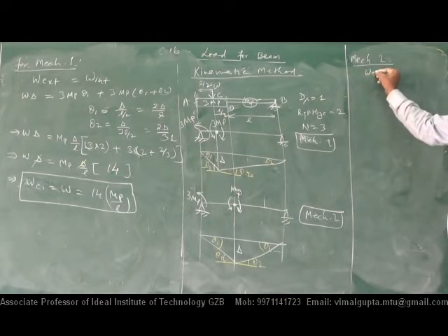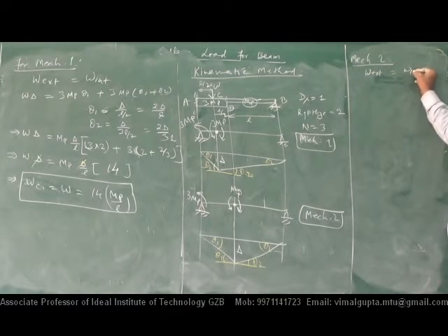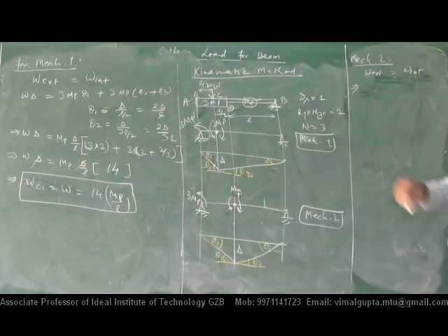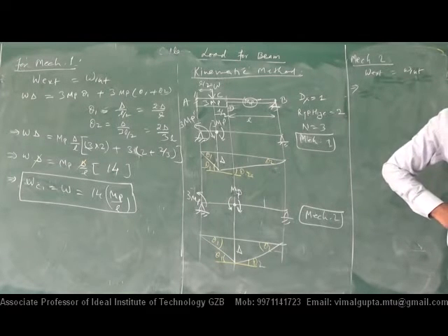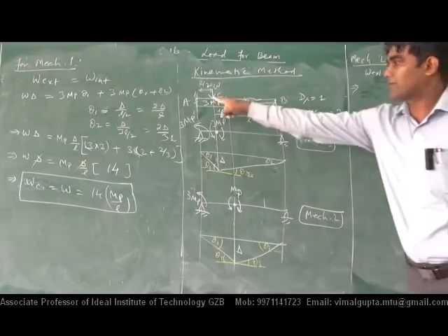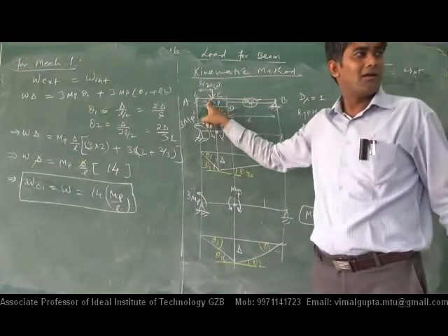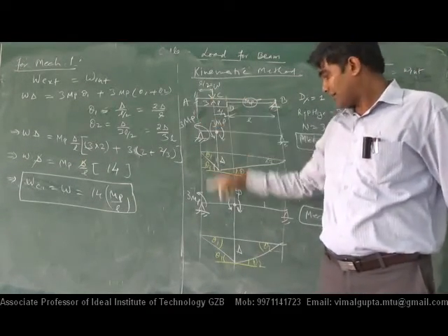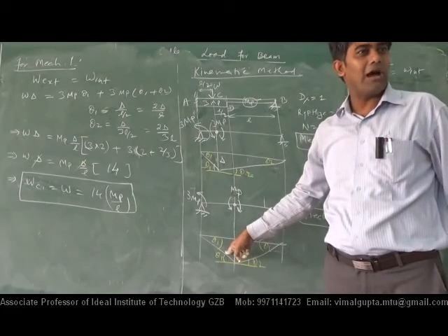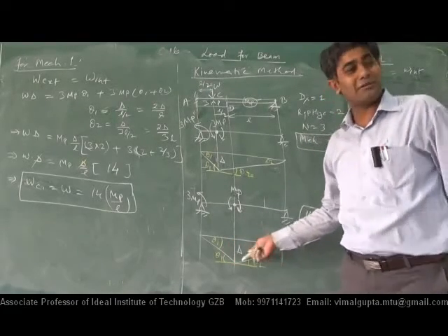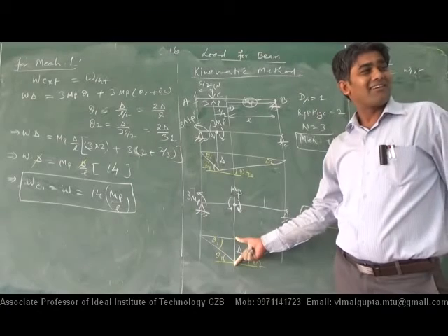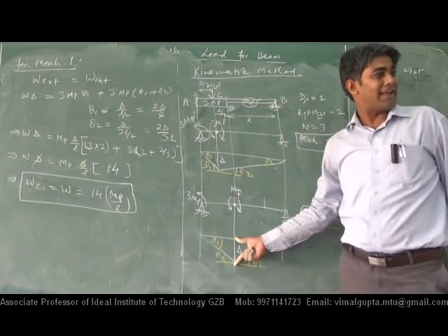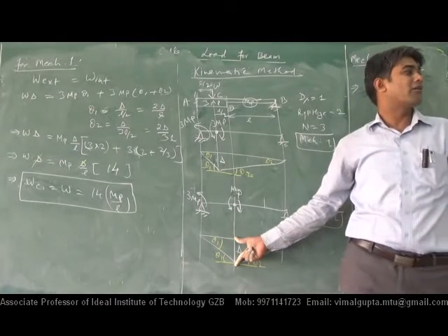So W external equals to W internal. W external means, this one load is there, no? Under the load, deflection is there, that you have to watch. You do not think only this deflection and load.